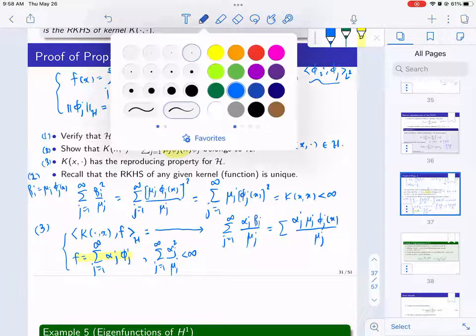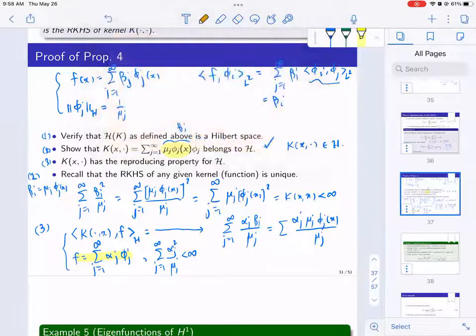That's the beta here. This simplifies, and what I get is summation alpha j phi j x. It's just by definition f of x. So this reproduces f.